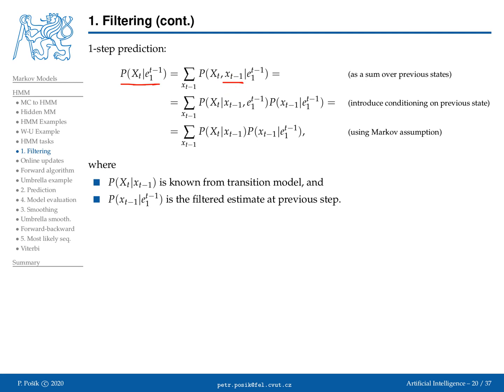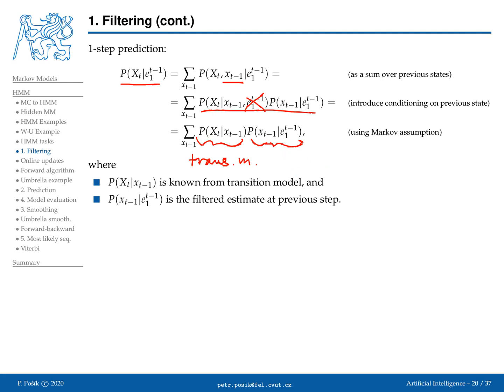That's something that we can always do. And then you can introduce conditioning on the previous state and modify this probability to this product. And once again, if you apply the Markov assumption, you can get rid of all the previous observations and you will find this result here. And this is the transition model. And this is the filtered estimate from the last step, right?